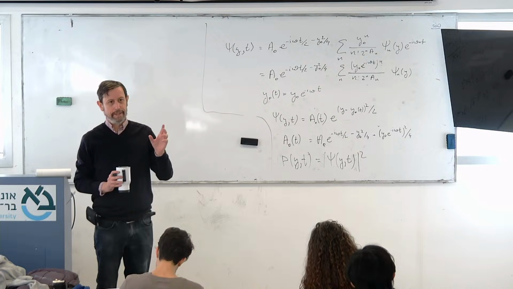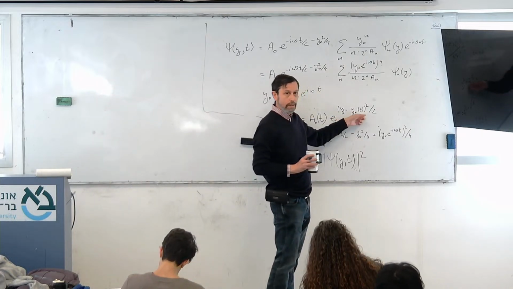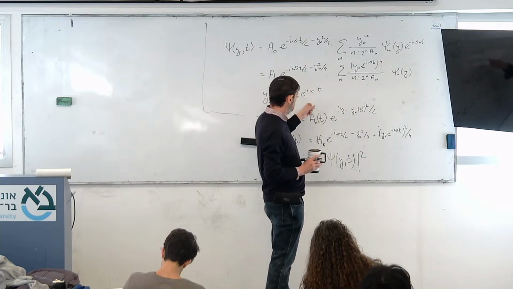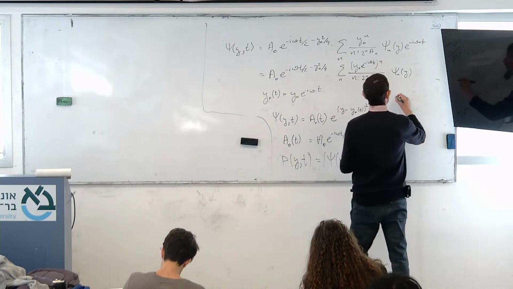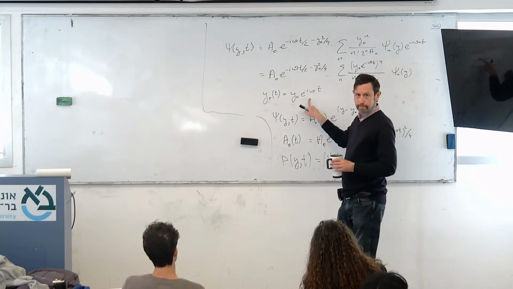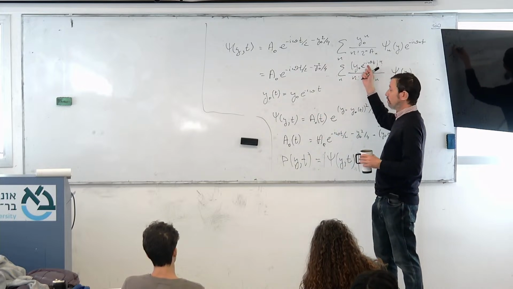How did you get that? It's a guess at the moment, because I see here a Gaussian around y0(t). And y0(t), did I erase it? Oh, no, it's here. Yeah, but how did you get that y0(t) is equal to this? I just looked.